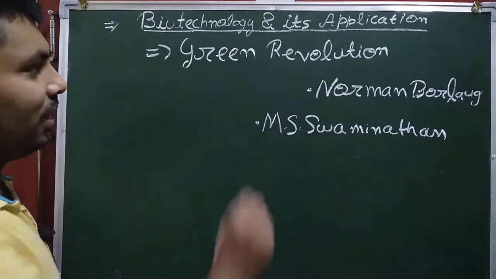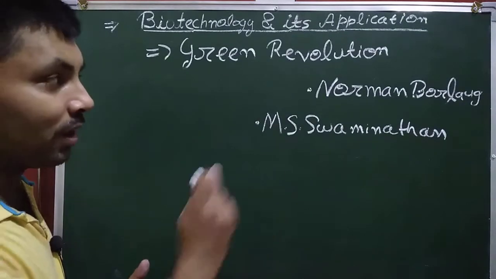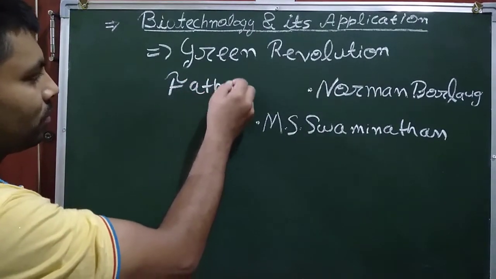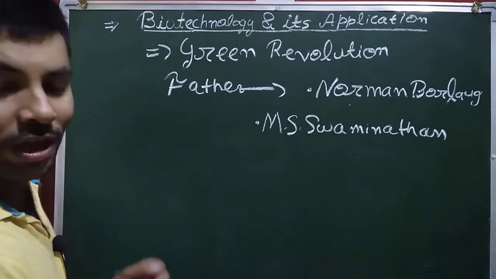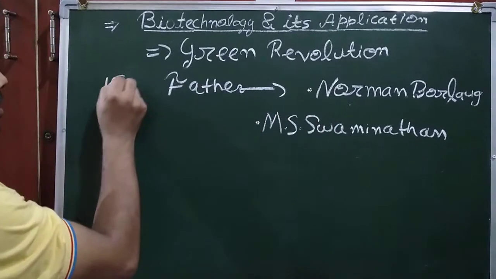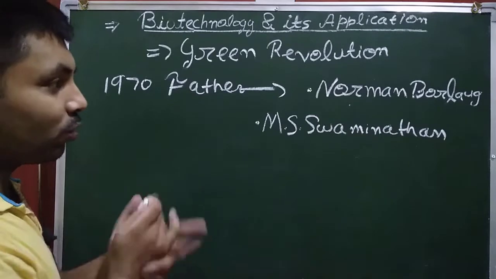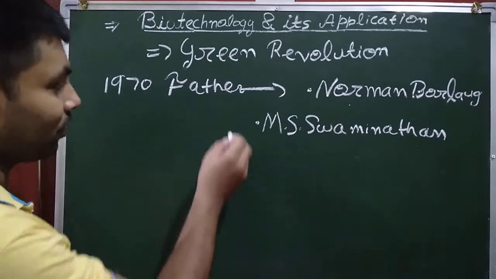Now see green revolution. First of all, see who is the father of green revolution. It was Norman Borlaug. He also won the Nobel Prize in 1970. Okay, it is clear. Now in India, who is the father of green revolution?